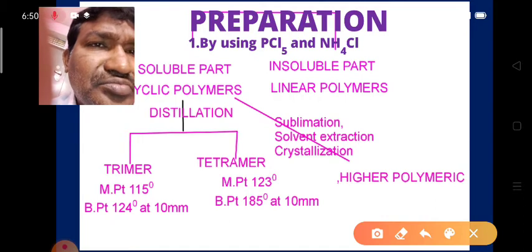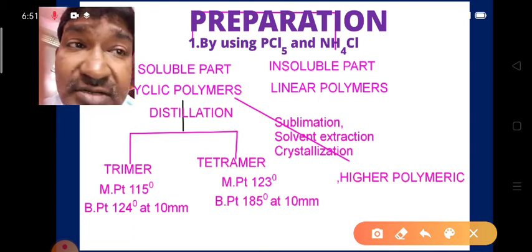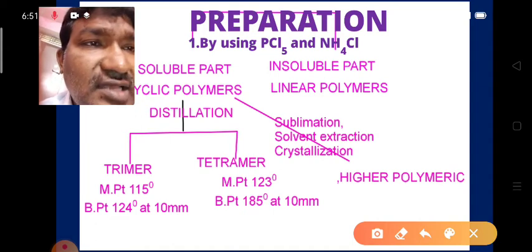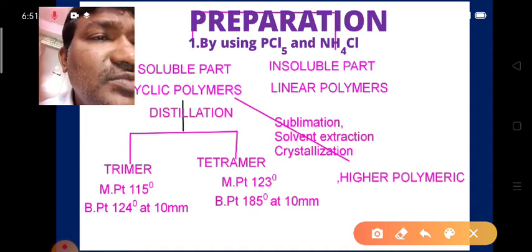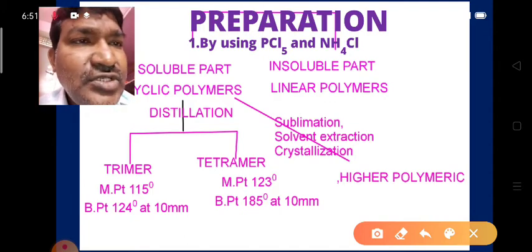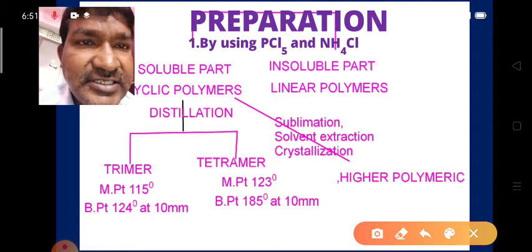So like this the trimer and tetramer are separated by the distillation method, and other higher polymers are separated by sublimation, solvent extraction and crystallization methods. As it is a complicated method, all these are not discussed here.